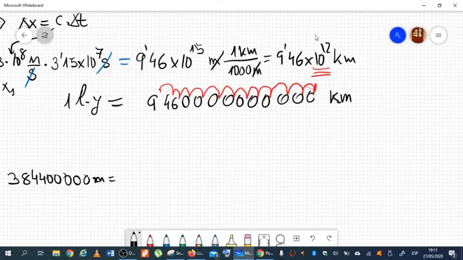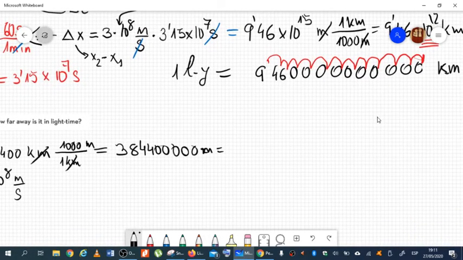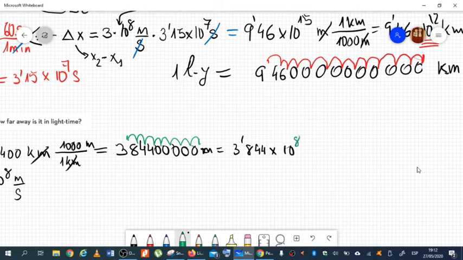It is much better to use this number than this one. It is useless to write 0, 0, 0, 0, 0. So here we have 3.844 times 10 to the power of, the comma will be here at the end, 1, 2, 3, 4, 5, 6, 7, 8. So to the power of 8 meters.